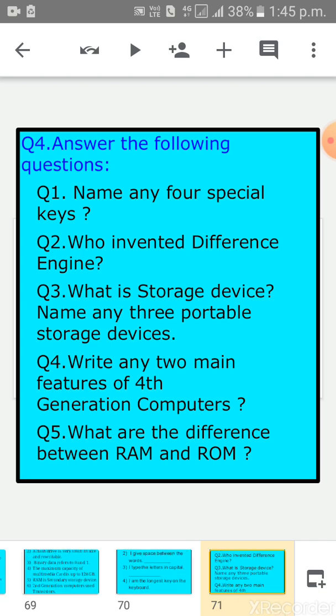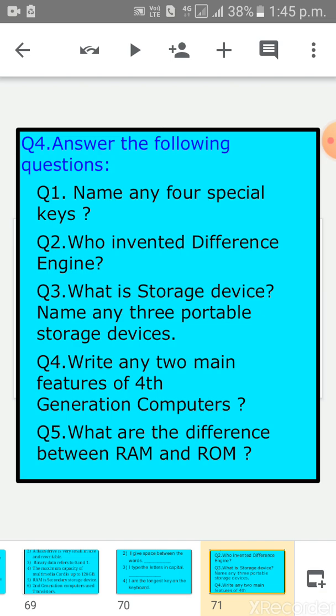Question number 4, answer the following questions. Question number 1, name any 4 special keys. Question number 2, who invented difference engine? Question number 3, what is storage device? Name any 3 portable storage devices.